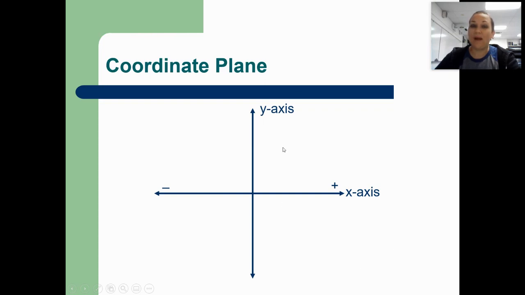Same thing for our y-axis, except instead of right and left, we're going to go up and down. And so our positives are going up, our negatives are going down, and 0, again, would be right in the center where the two axes intersect. That is called the origin, and it has an ordered pair of (0, 0). We'll talk about ordered pairs on the next slide. Make sure to copy this in your notes.